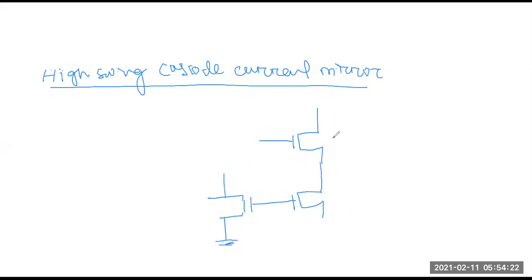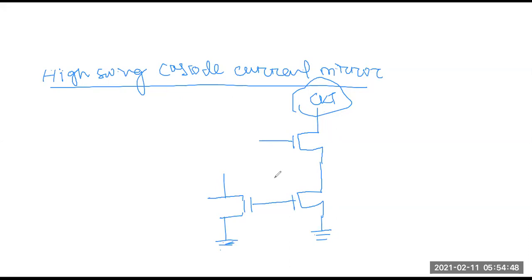Okay. So first, understand this thing. This is some circuit. To make these output transistors be in saturation, what is the minimum voltage required here? I said minimum.